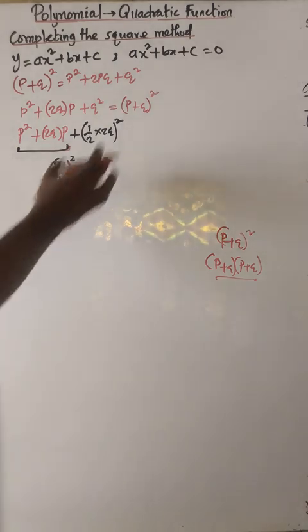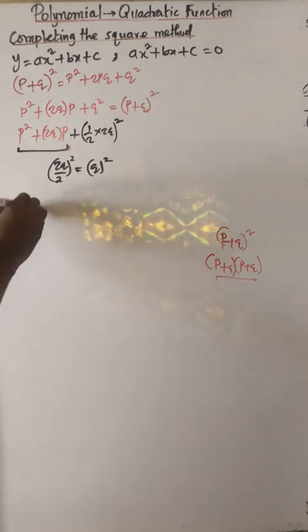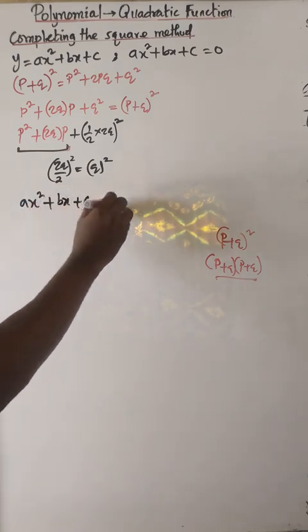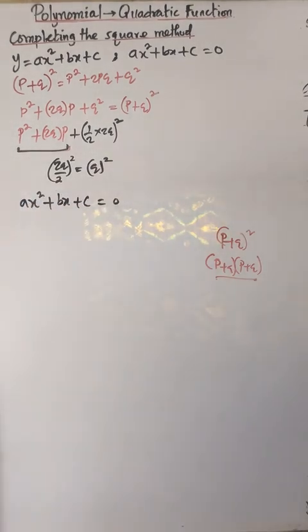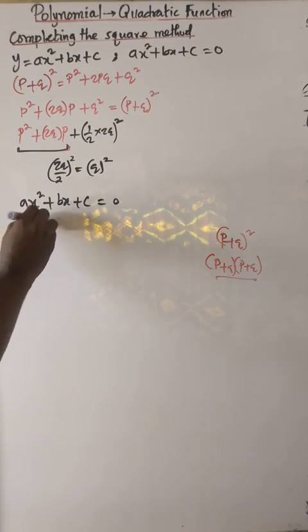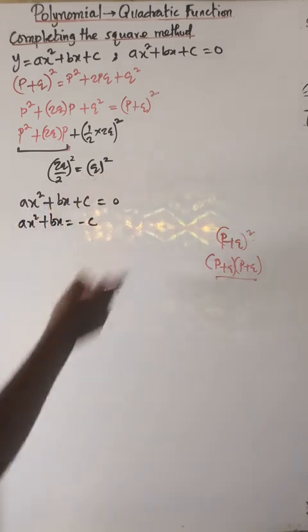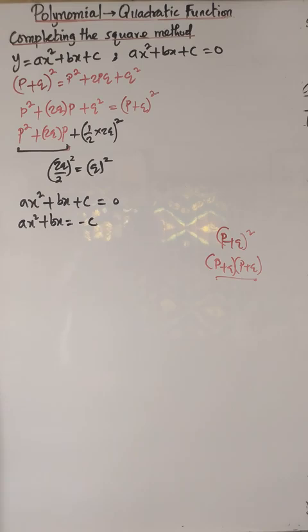To understand this gist, let's come back here. We have ax squared plus bx plus c. This is the beginning. Our aim is to get the value of x, but we cannot just make x the subject because it is quadratic. It will be difficult. So from here, we can say ax squared plus bx equals minus c. We move this to the other side. That is step 1.